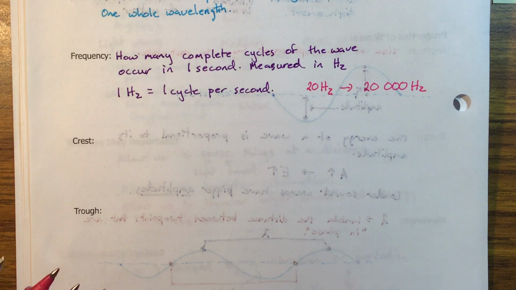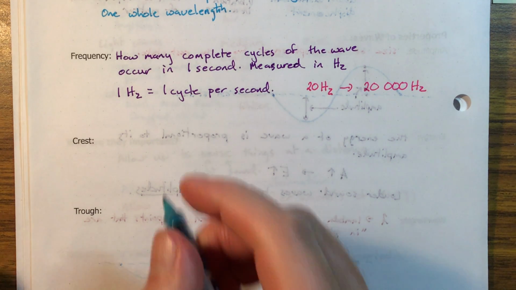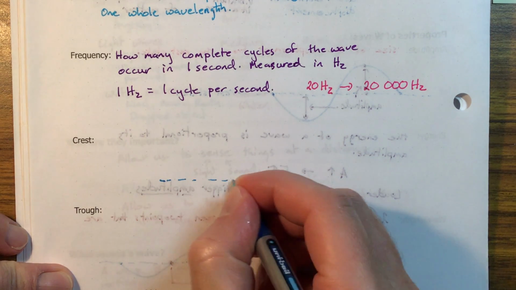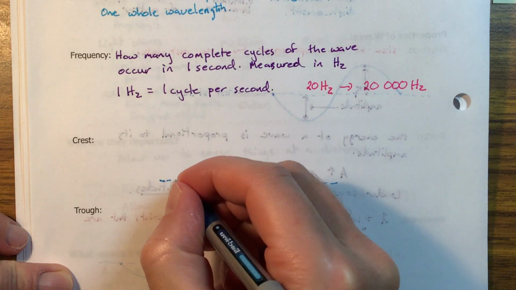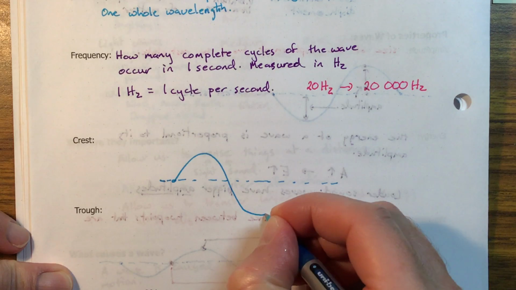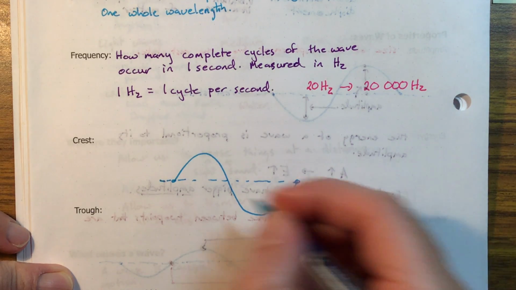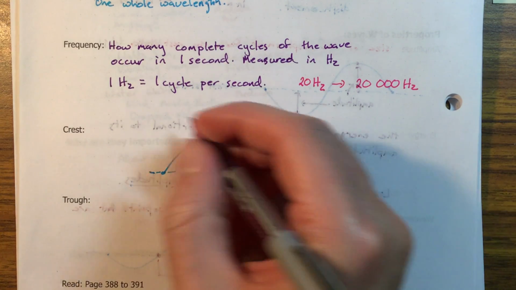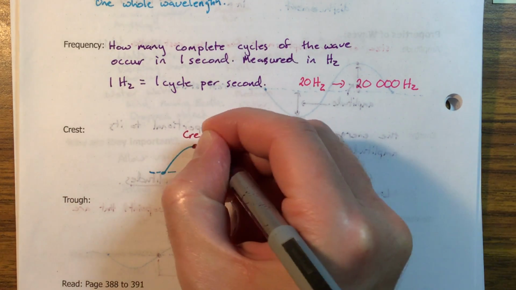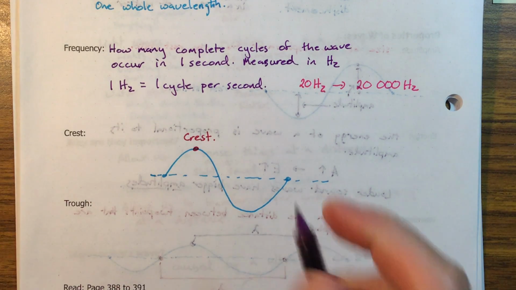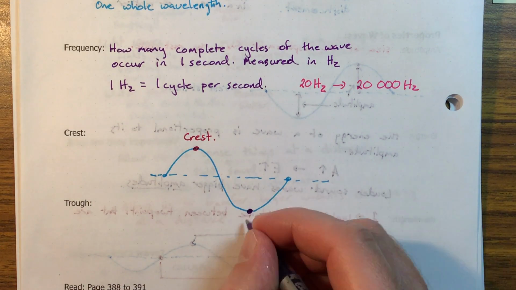Crest. So when we're looking at a wave, we're just going to draw one for both of these. Here's our wave, back and forth. Up here is a crest. It's the maximum displacement in one direction, and the trough is the minimum displacement in the other direction.